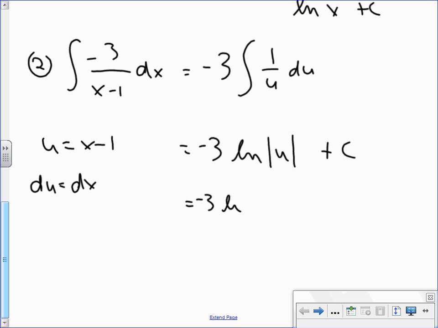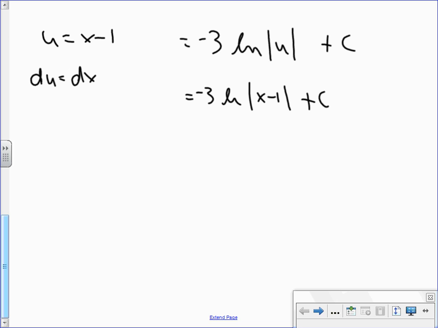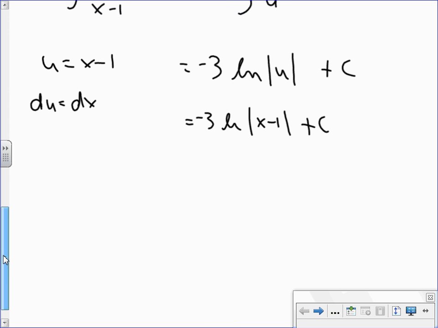Resubstitute. That's the value of x times 1 plus c. And this is a perfectly good answer. Just a recognition that they might possibly do something with that negative 3 and make it an exponent. And that's a possibility. Okay, you don't have to do it. Sometimes they do it, sometimes they don't. Okay.